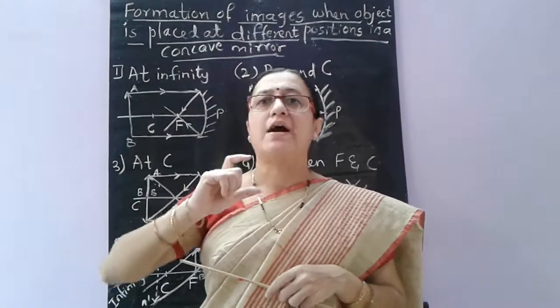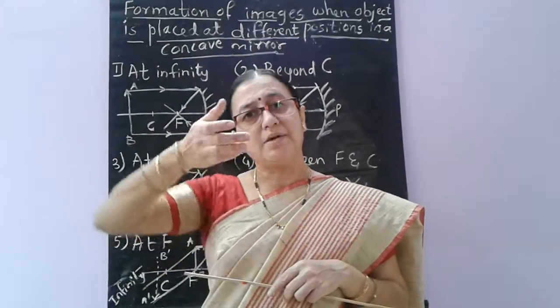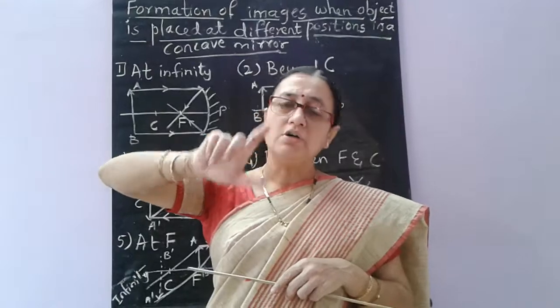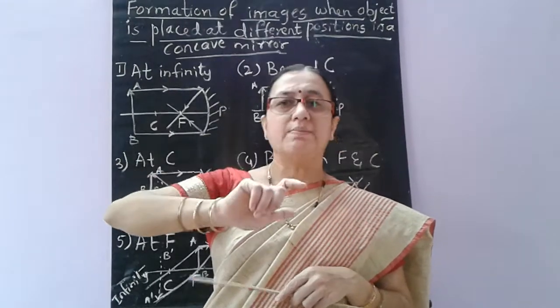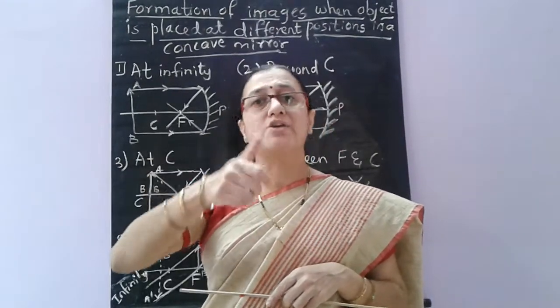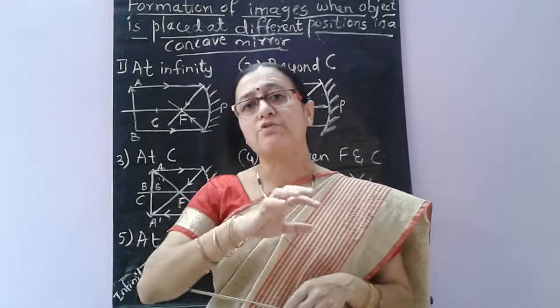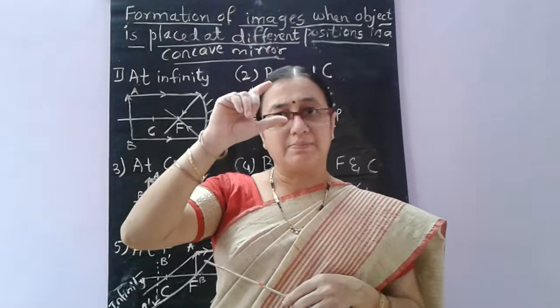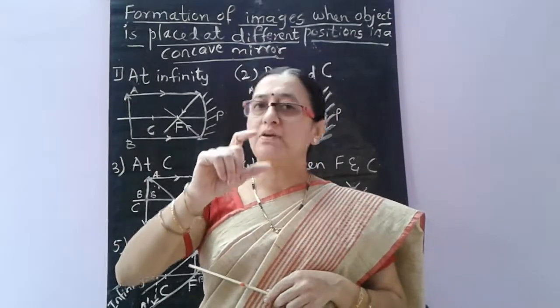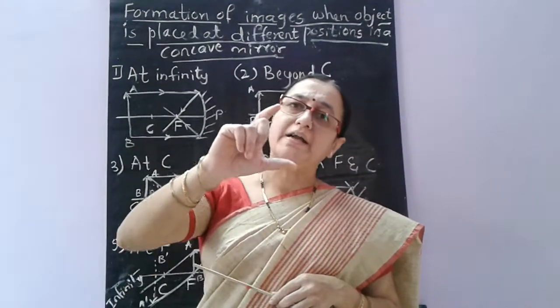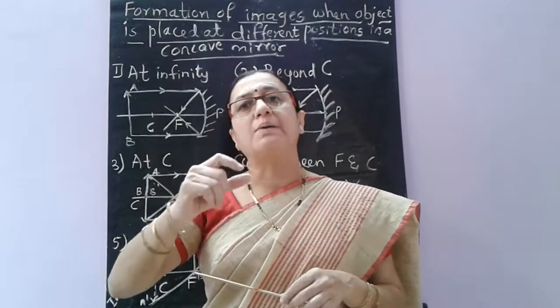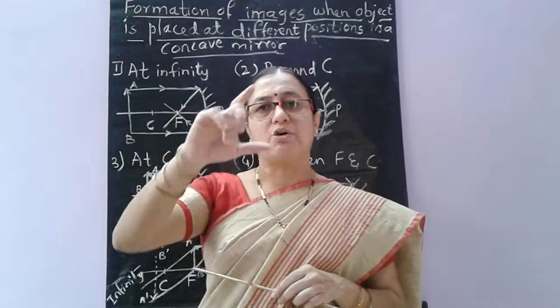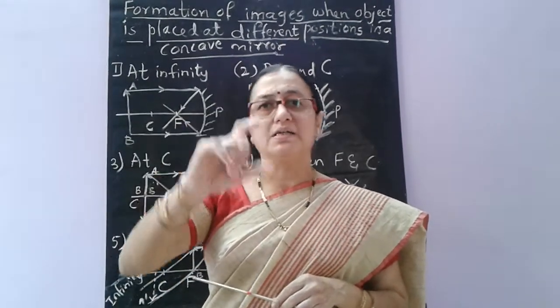When it is taken far away from the mirror, the image becomes inverted. Inverted images are real images and erect images are virtual images. But in case of a convex mirror, there is no change in the nature of the image. It will be diminished and erect always, wherever you keep the object.